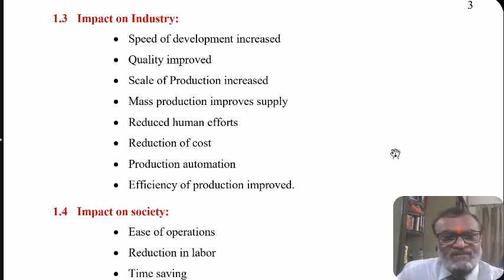Use of electronic systems reduces the human effort in manufacturing also. Production automation is possible because of electronic systems, and a larger production rate is possible with better quality. That leads to higher efficiency in production.